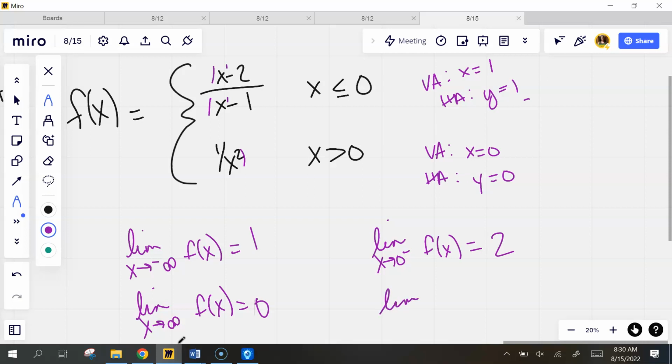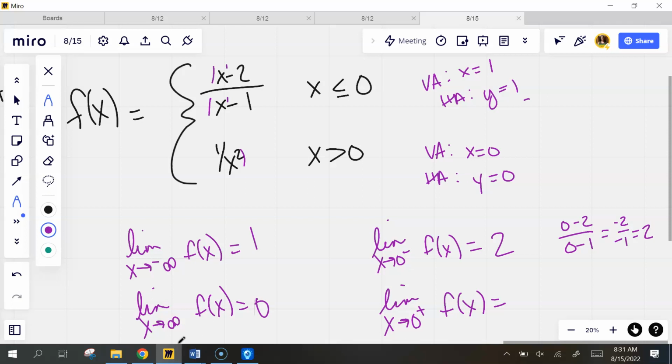How about the limit as x approaches 0 from the right? I can't plug in here, right? You have to use that very first equation. Any guesses?